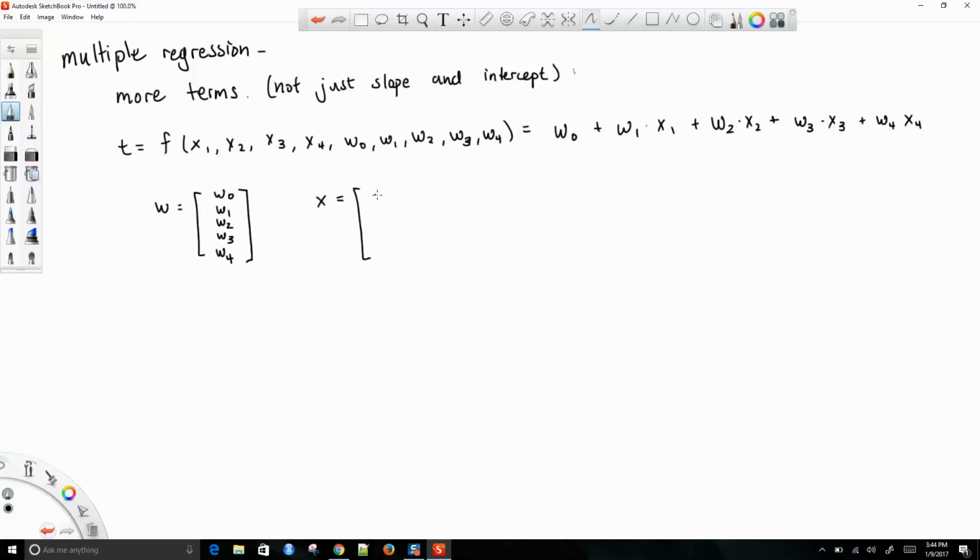And so maybe I'll just have X1. We'll notice that if I wanted to multiply these together, we'll run into some problems because here I've got 5 W terms and here I only have 4 X terms, right? So if I wanted to multiply X transpose times W, we have basically a dimension mismatch, right? Here I have 4 X terms and 5 W terms.